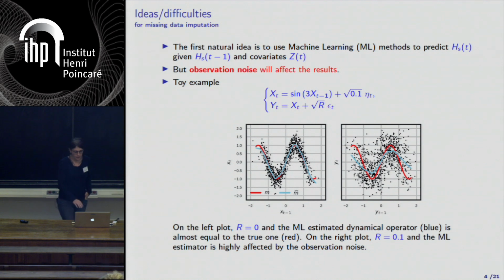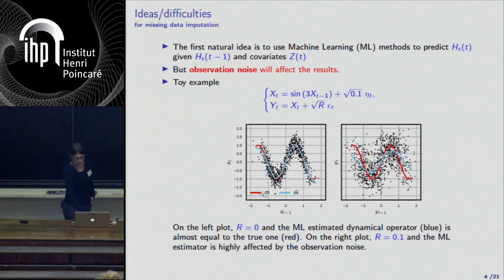On the left plot, we use a time series of x_t, like a perfect observation without noise, and we try to retrieve the red line from the black dots, with a nonlinear, non-parametric estimation, which is the blue line.